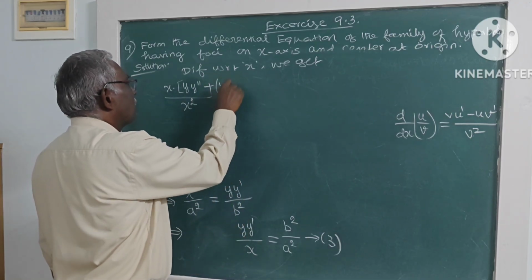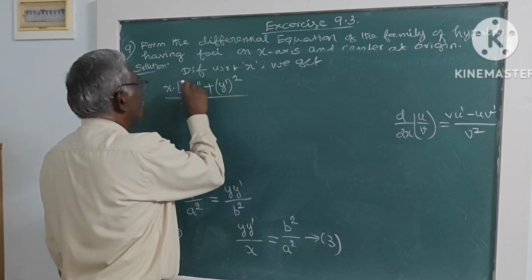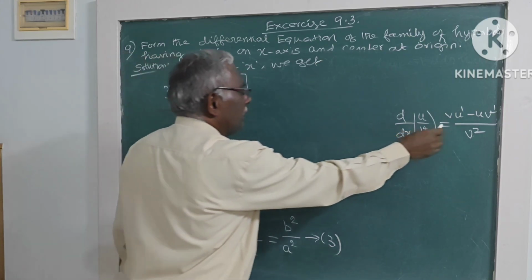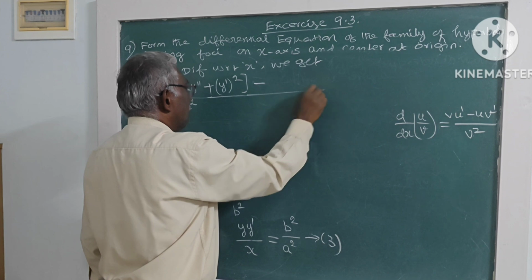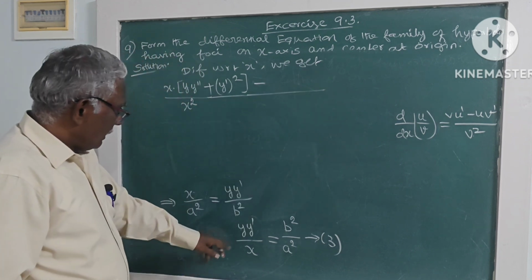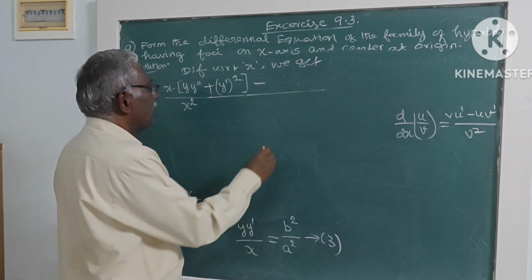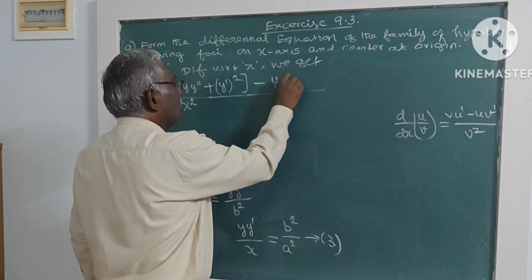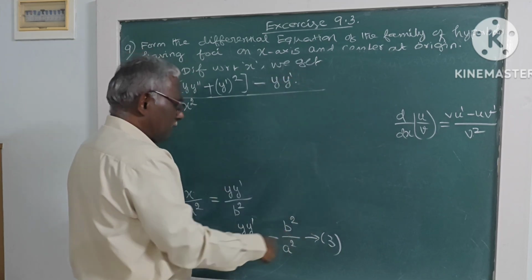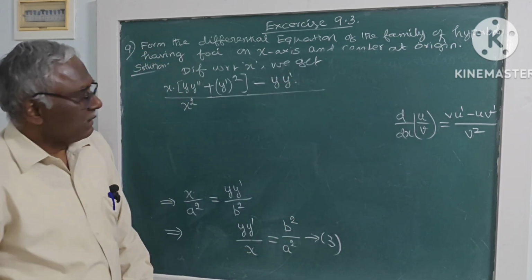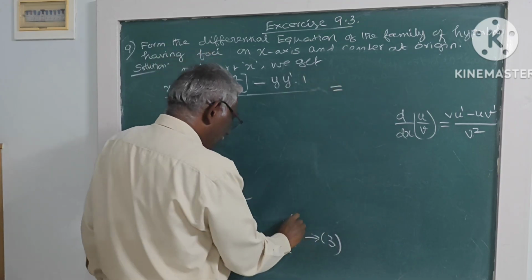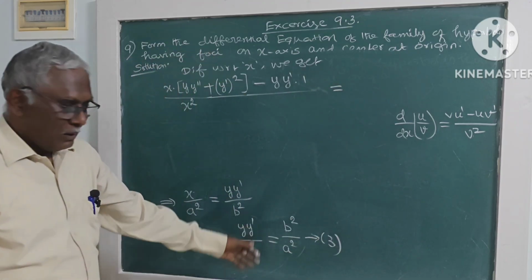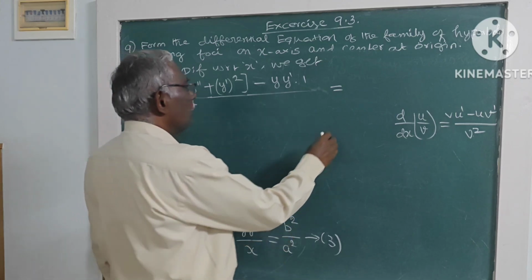So I'll put y dash square, close this bracket, then minus u, whatever comes on the numerator, y dash, into differentiation of v. If we differentiate x, we will get 1. Is equal to, if we differentiate right hand side, that is a constant, we will get only 0.